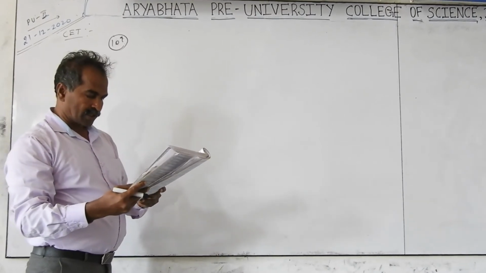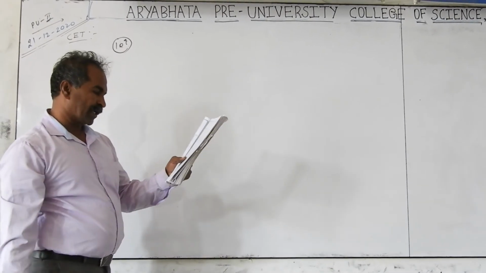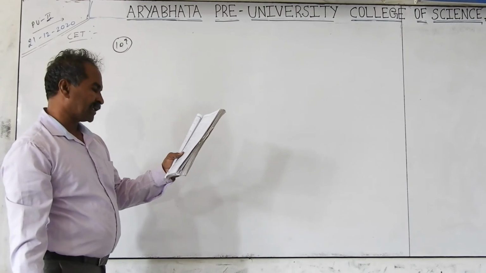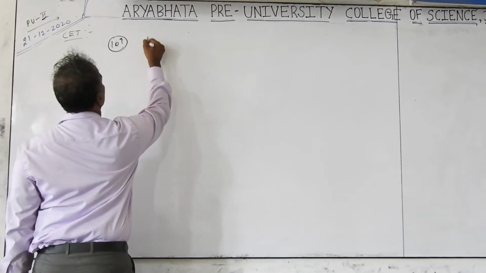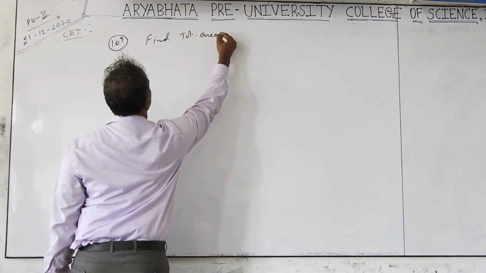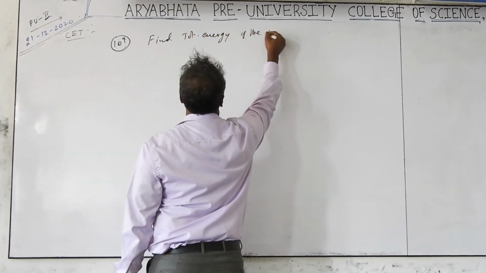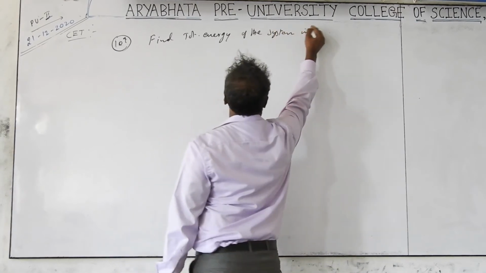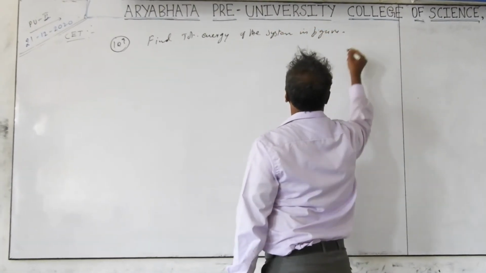Next question is 109. Find the total energy of the capacitor system in the figure.